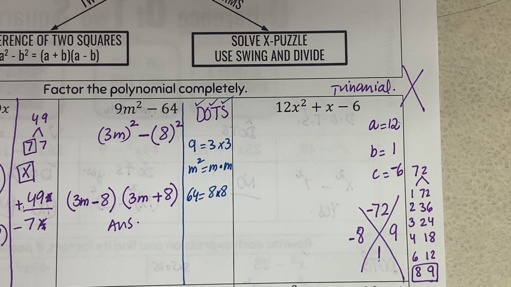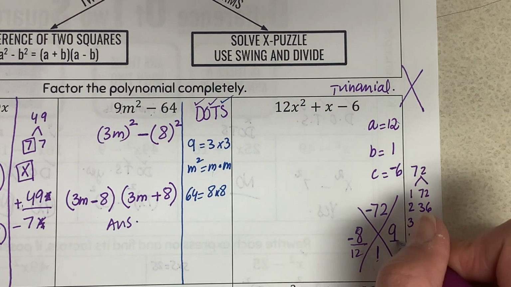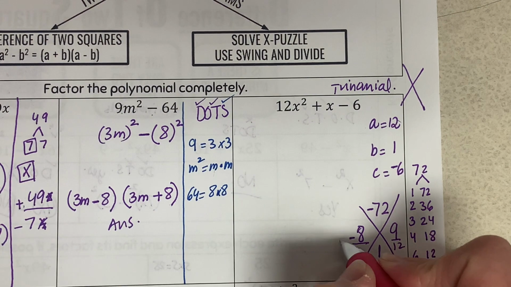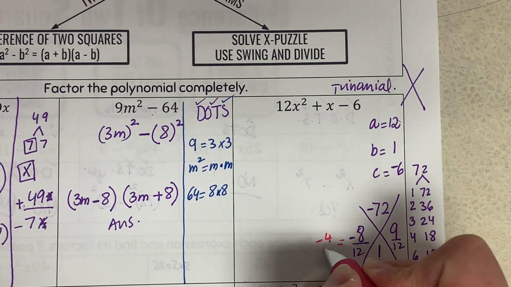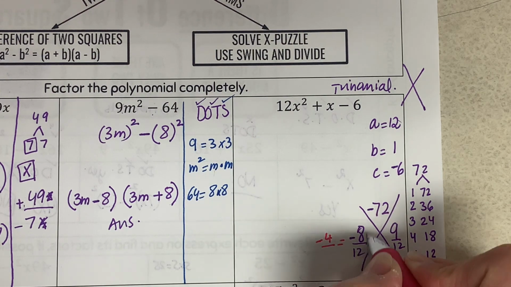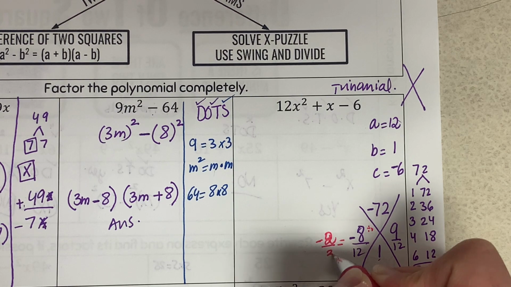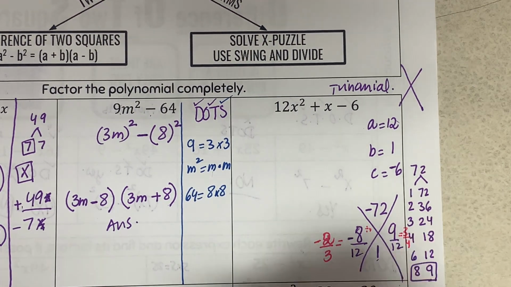Now I'm going to use the swing and divide method. So A value is 12. I'm going to divide this by 12 on both sides. And my lowest fraction or simplified fraction would be negative 4 over, sorry, I should be dividing it by 4. Negative 2/3 here and 3/4 here.